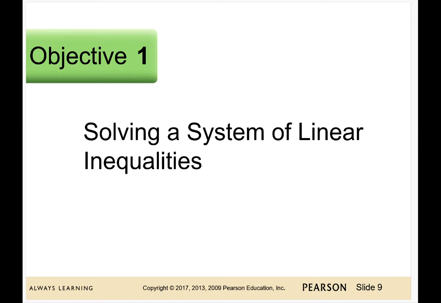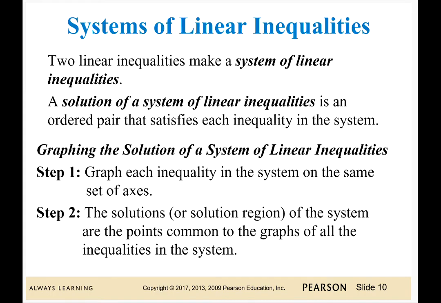All right, the next thing you're going to be asked to do is to solve a system of linear inequalities. A system is when you're graphing more than one at a time. So you're going to do 2 of these on the same graph, and this is where color coding is going to be your best friend. I took these instructions right out of your textbook. A system is just, you're going to graph both of the inequalities at the same time.